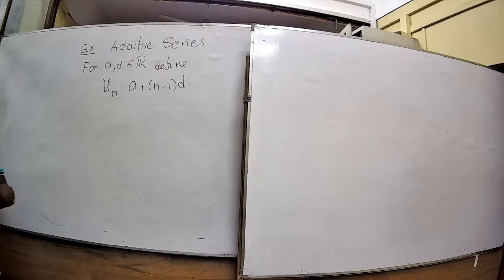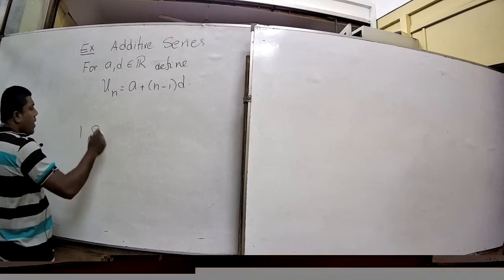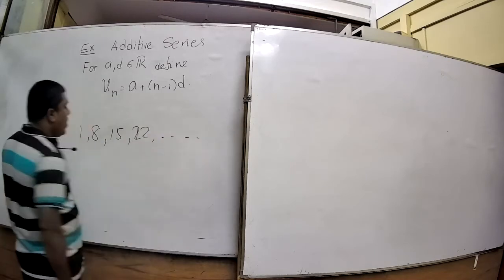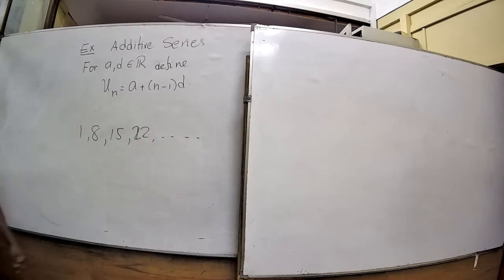You have seen this kind of series at a very low level, right? So you add the same number to the previous term. You can start with 1, 8, 15, 22, right?